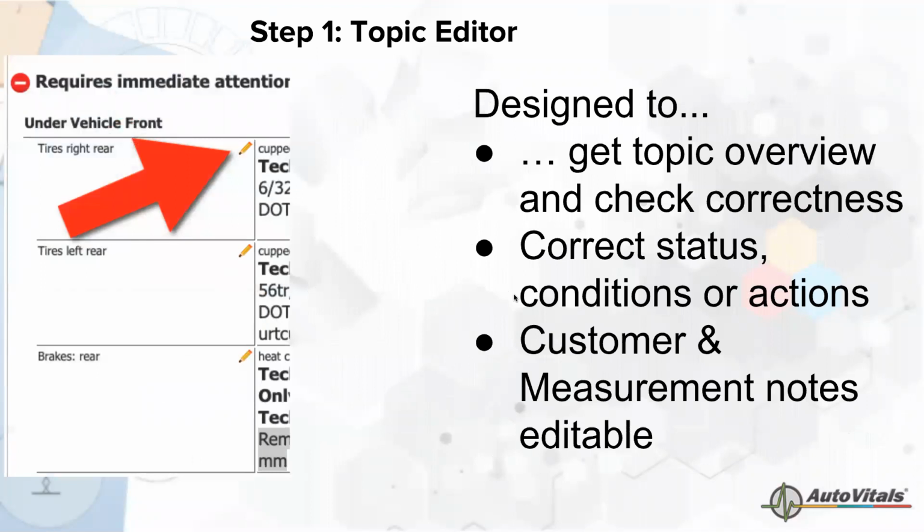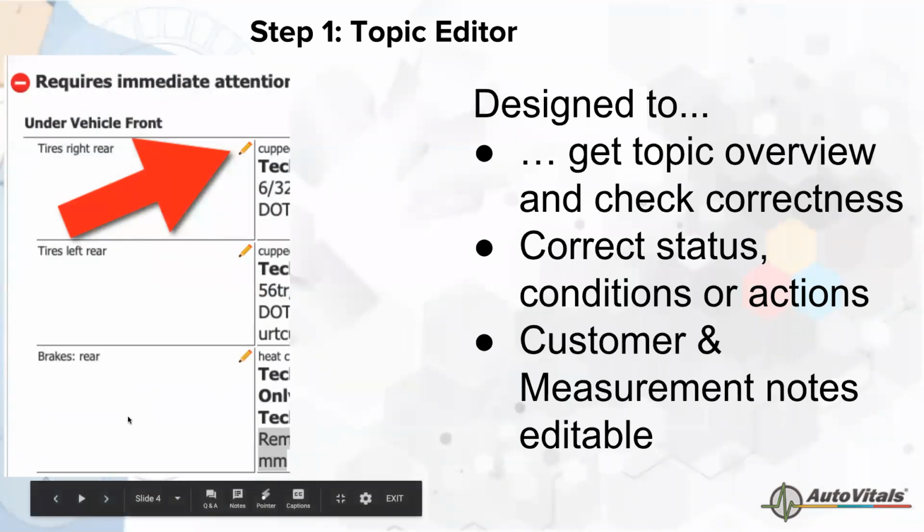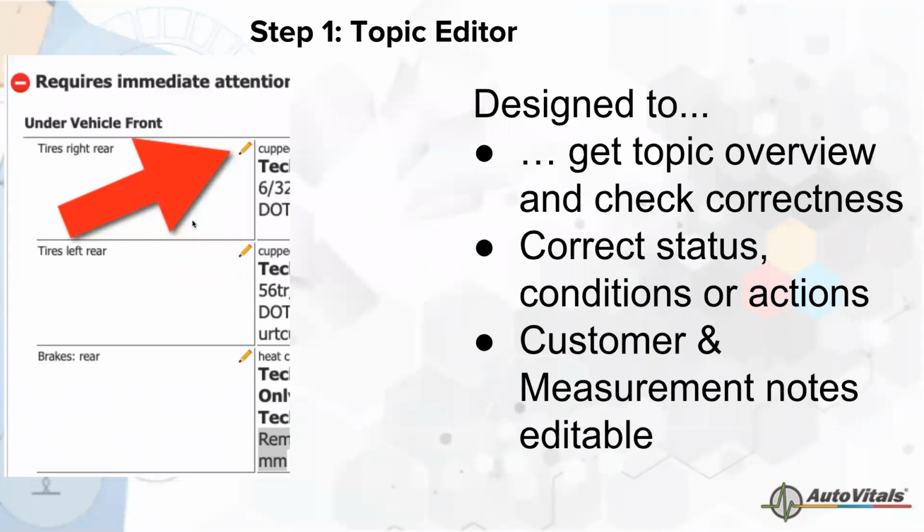We have two editors now. One is the topic editor, where you have an overview of all jobs or inspection topics, and each of them has a little pencil. And that topic editor, which used to be the main editor for everything, has now lost its importance a little bit with the introduction of the image and notes editor.